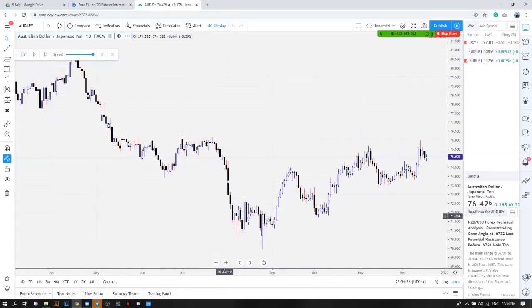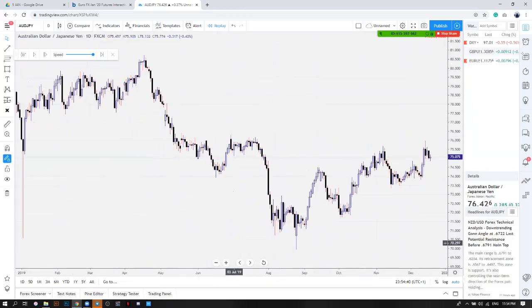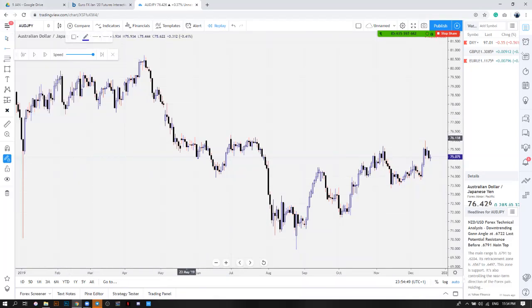Eliminate that. Okay, cool. Now, currently looking at AUD JPY, are we bullish or bearish? That's the first question. Are we bullish or bearish?